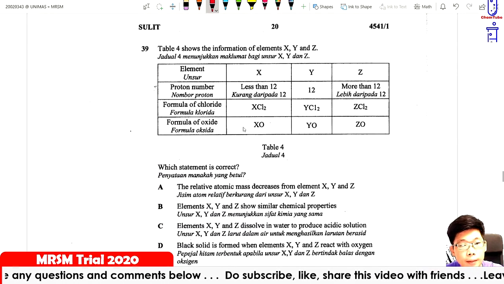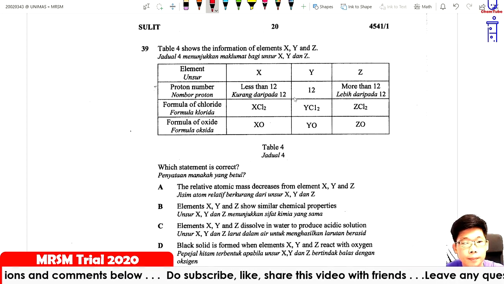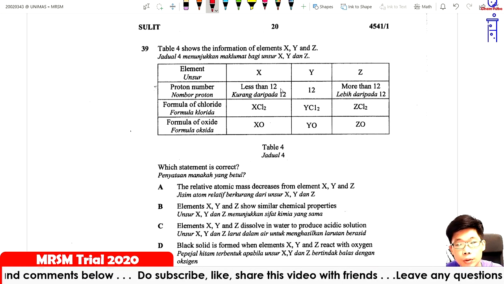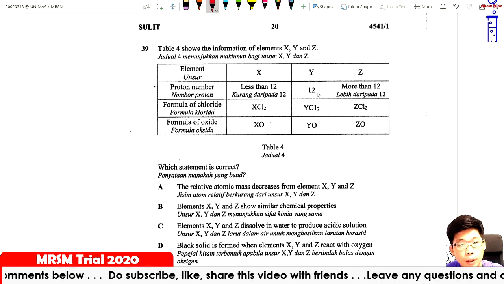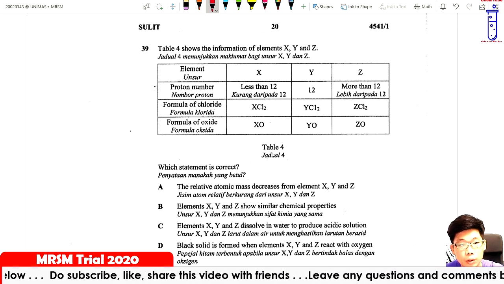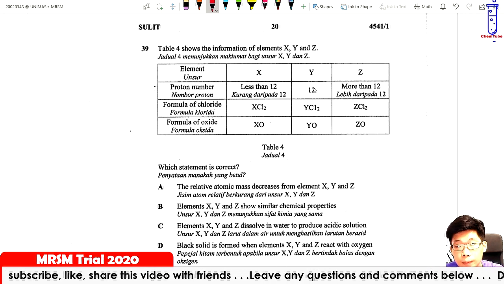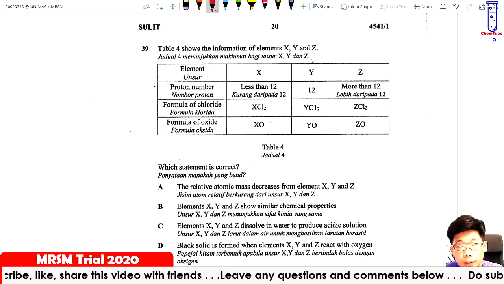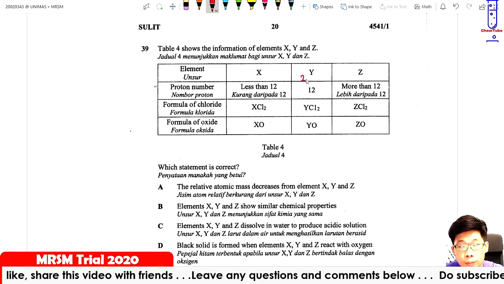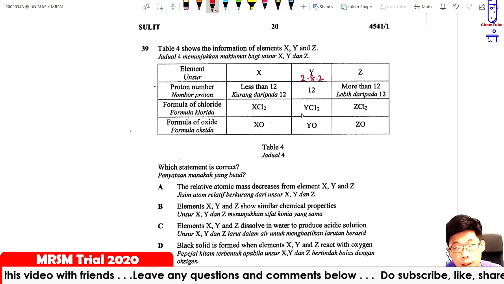Question 39. The table shows the information about X, Y, and Z. X is less than 12, Y is 12, and Z is more than 12. Which one is correct? Let's see properly. The proton number and electron arrangement is 2, 8, 2.